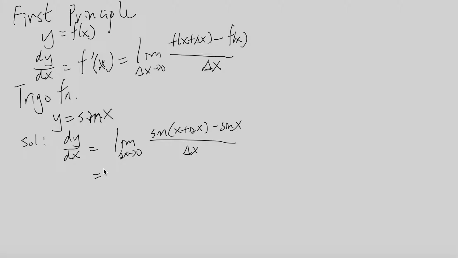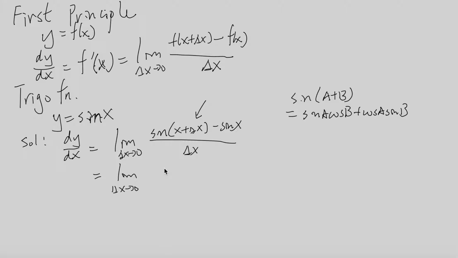It is very natural for us to use the compound angle formula to handle this part: sine(A plus B) equals sine A cosine B plus cosine A sine B. So we use it.